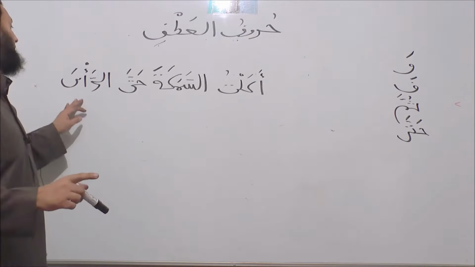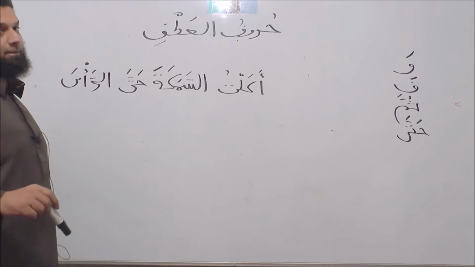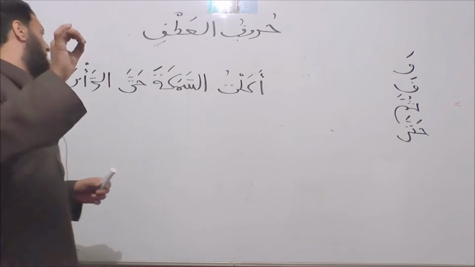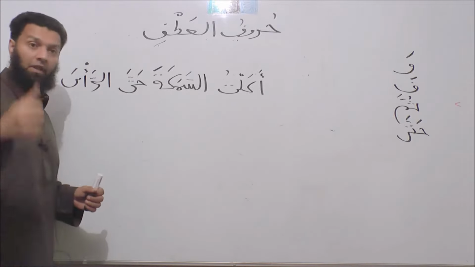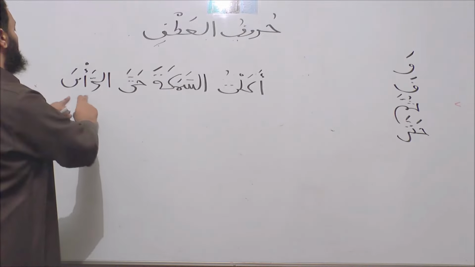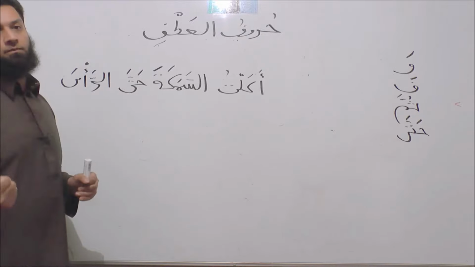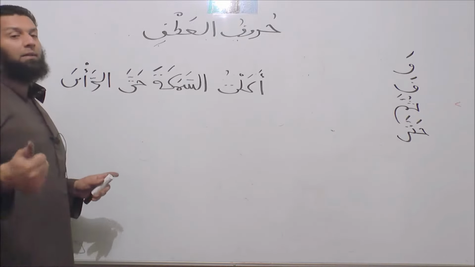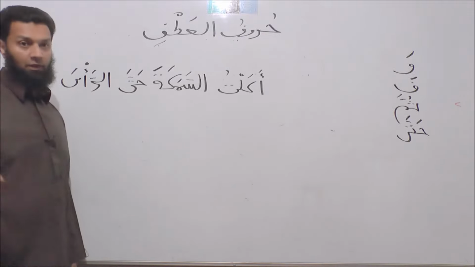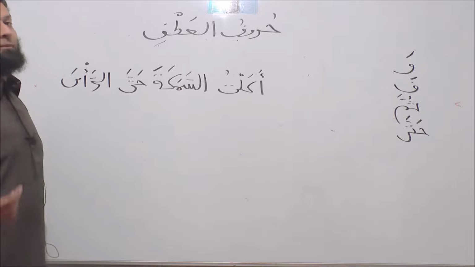Okay, so we said there are two rules that render hatta min حروف العطف. The first is that المعطوف, this part, must be an ismun. Right? It must be an ismun. Not a fi'lun, not a harfun, not a damirun.